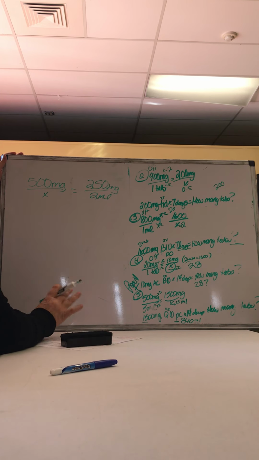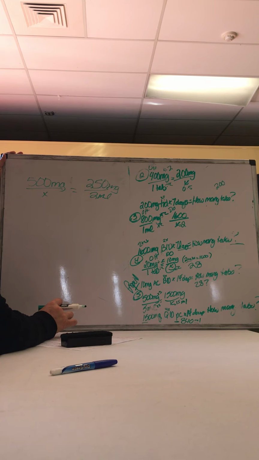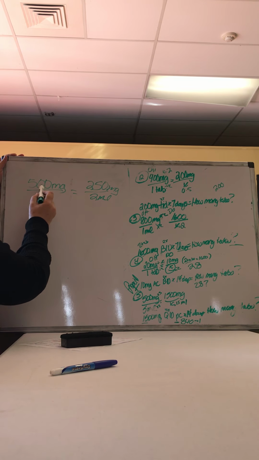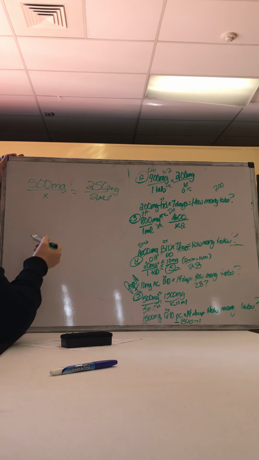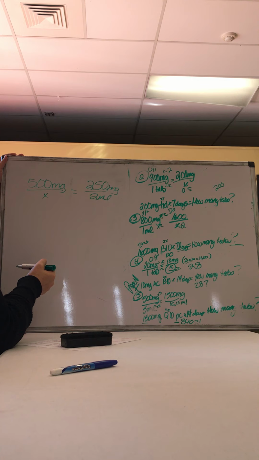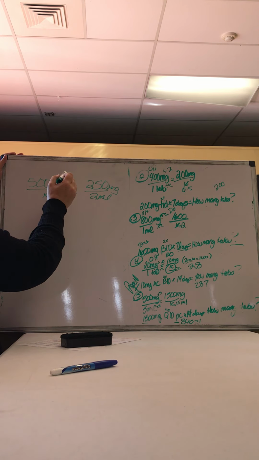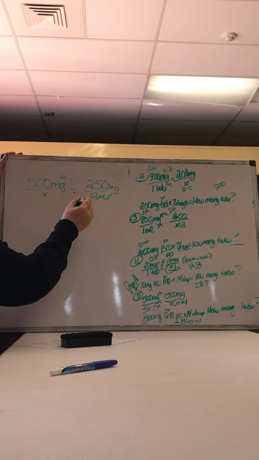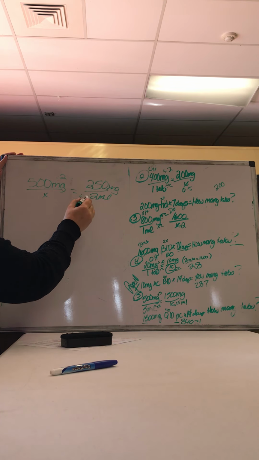This is an easy way to do it, and it's also what you remember from probably going back to 7th, 8th grade math. So, how do you go from 500 to 250? What do you do to make 500 into 250? You divide by 2, and that gives you 250. So here you would divide by 2.